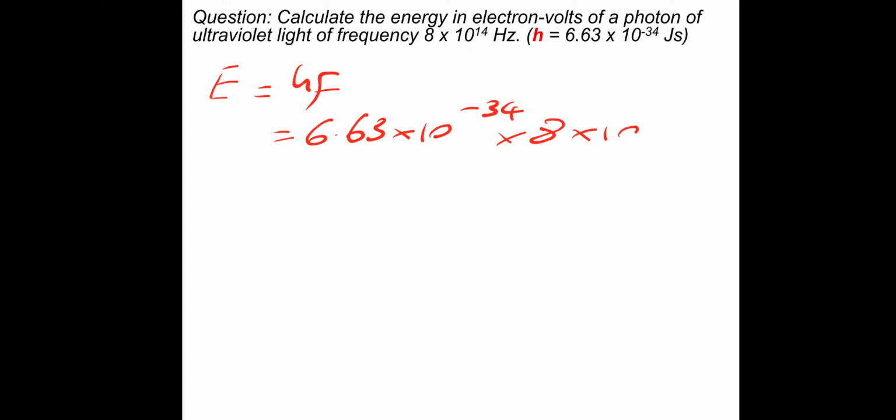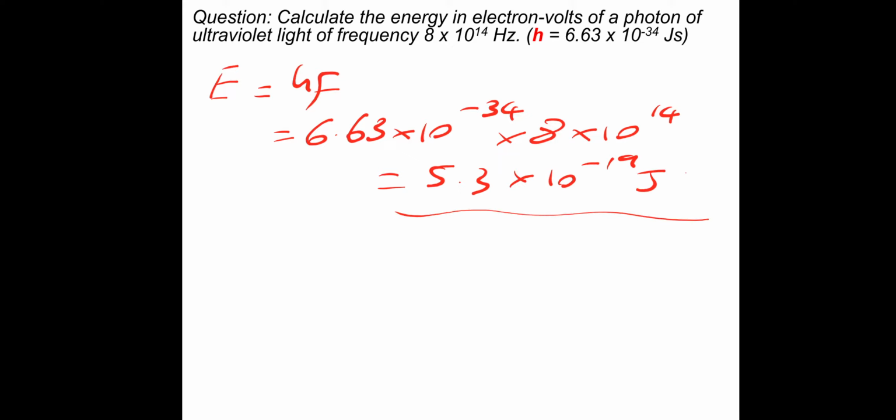So let's find the energy in joules. E equals hf. We've got 6.63 times 10 to the power minus 34, multiplied by the frequency 8 times 10 to the 14 hertz. That gives an energy of 5.3 times 10 to the minus 19 joules.